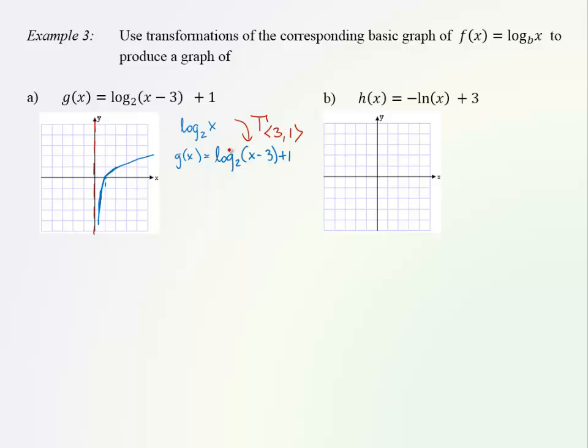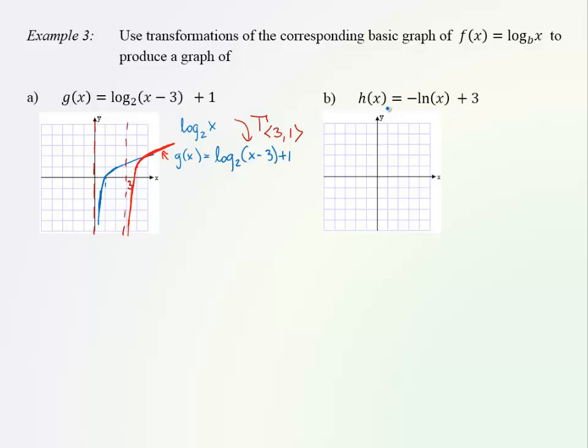Well, 3 to the right means that the asymptote will actually be moved to the position x equals 3. And 1 up, well, the asymptote stays at the same place, but it is coming through the 3. So we're ready to move the graph. This point is moving 3 to the right and 1 up. It becomes here, and that point 3 to the right, 1 up over there. And we have an asymptote, so we volunteer a shape like this. So this is g of x.